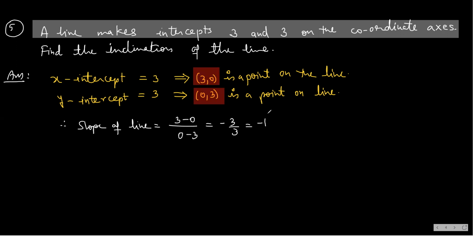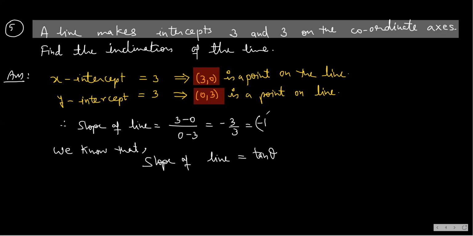Now remember, students, I got the slope of the line, and what they want is the inclination of the line. We know that the slope of a line equals tan theta, where theta is the inclination.